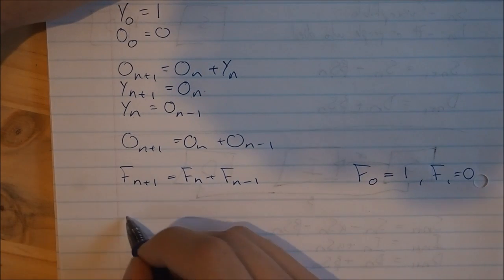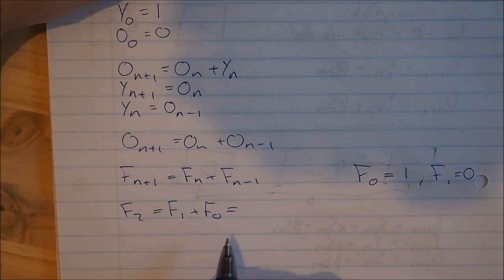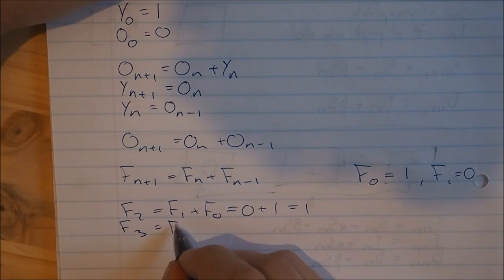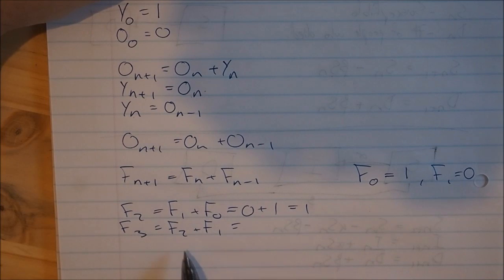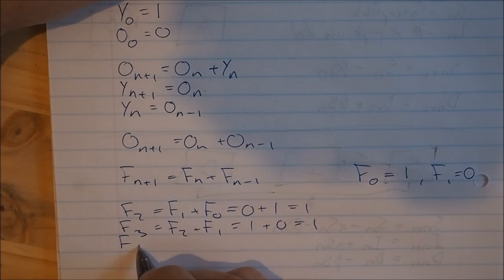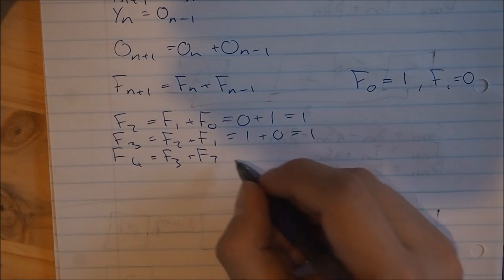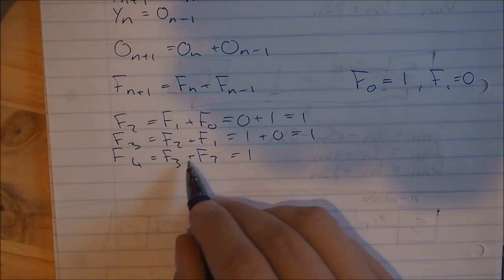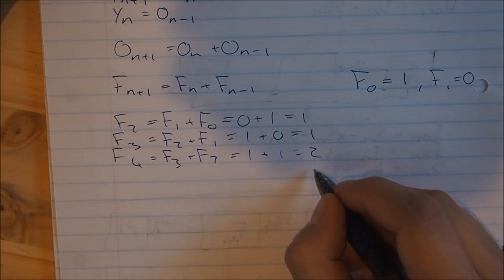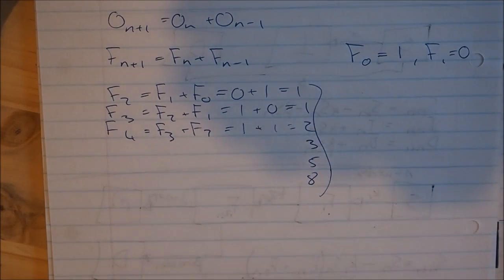And then f_2 is equal to f_1 plus f_0, equal to 0 plus 1, that's just 1. f_3 is equal to f_2 plus f_1, so f_2 is 1, f_1 is 0, it's 1. f_4 is equal to f_3 plus f_2, f_3 is 1, f_2 is 1, 1 plus 1 is 2, and then we get the sequence 1, 1, 2, next one's 3, 5, 8, and so on and so forth. So you can go and check them. This is the Fibonacci sequence.